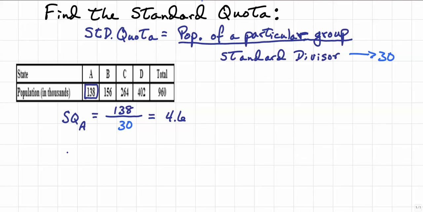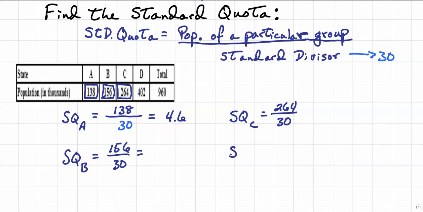So we're going to find standard quota for B, which in this case will be equal to 156 over 30. We will also find the standard quota for C, which will be equal to 264 over 30.